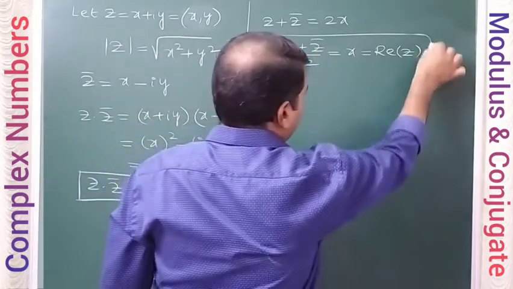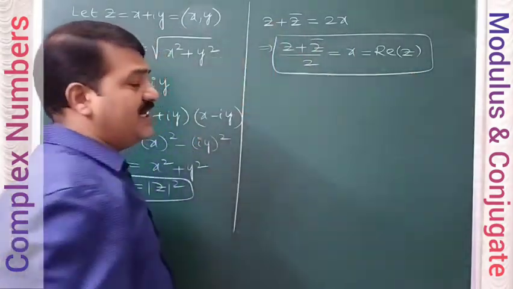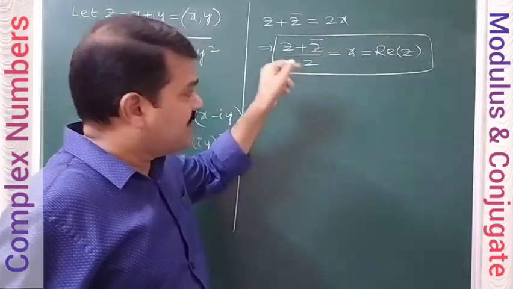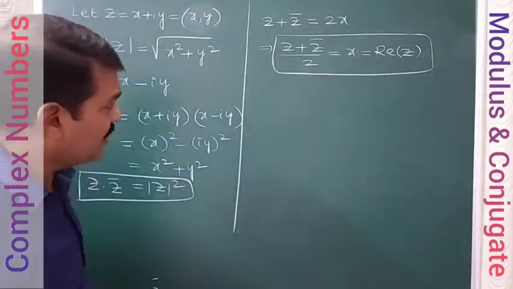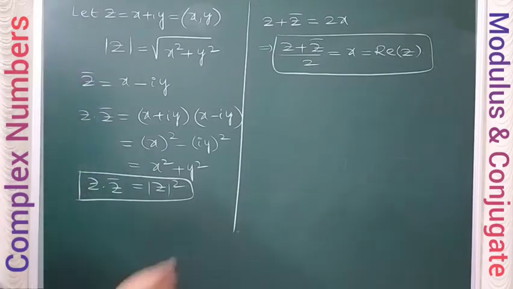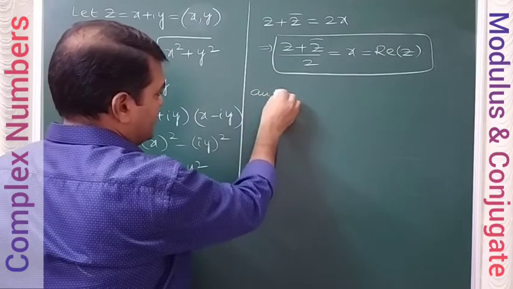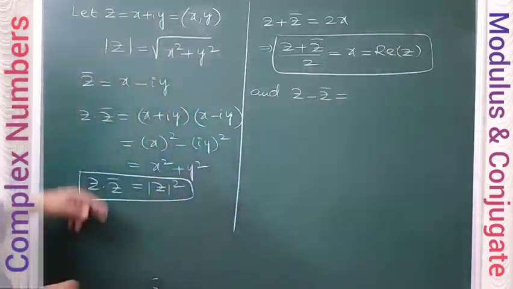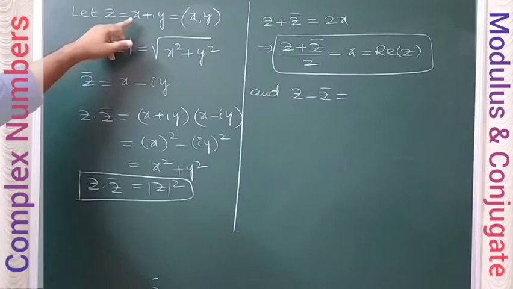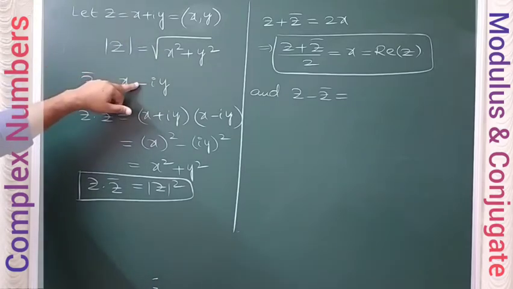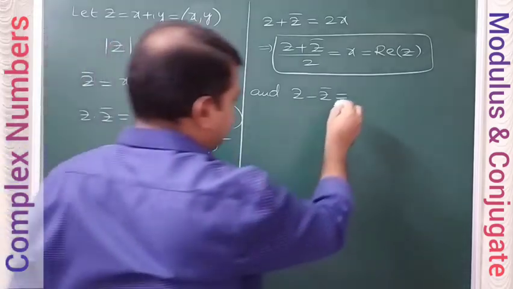So this is one more important condition: the real part of z is z plus z bar by 2. Now I will subtract z and z bar. Let me take z minus z bar now. Subtracting these two, x minus x cancels, and iy minus of iy means 2iy you will get.